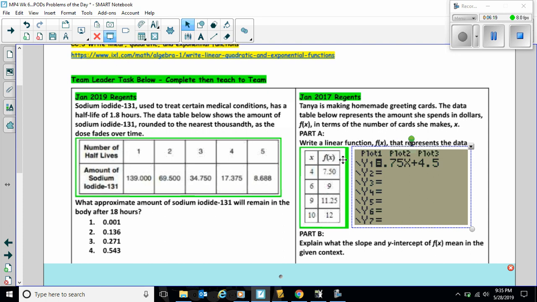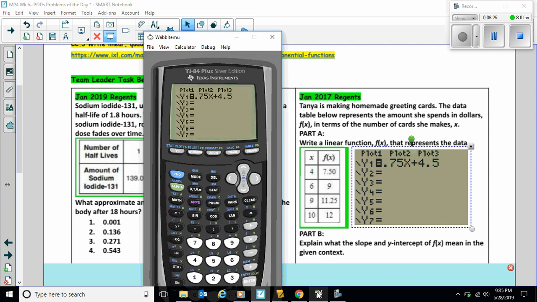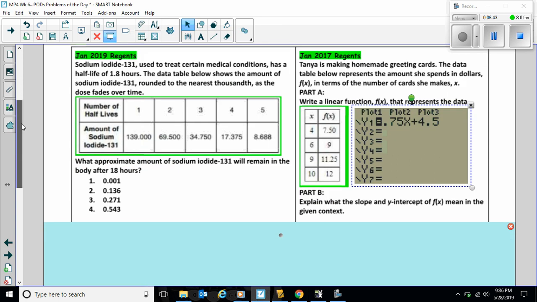But we also have an upfront cost of $4.50. So what that means is, in our calculator, if we go to our table, before one single greeting card is produced, when we have 0 greeting cards, we still have that expense of $4.50. All right, pause the video and let's look at our next question.